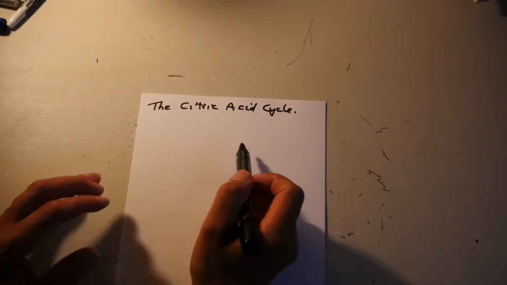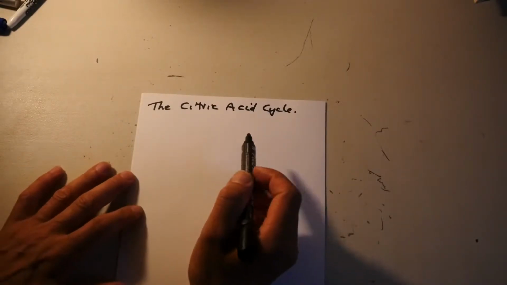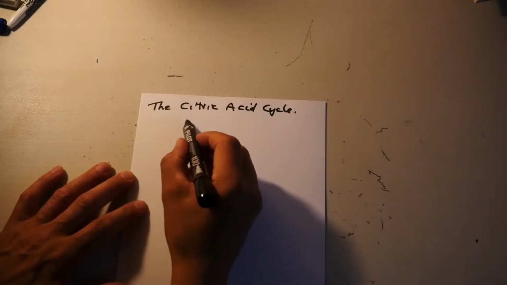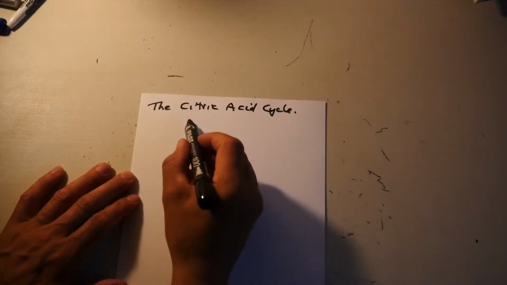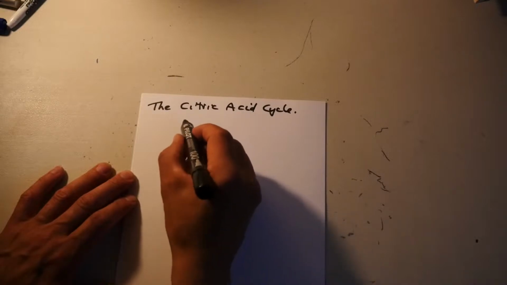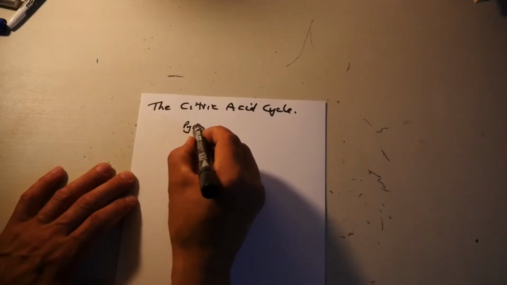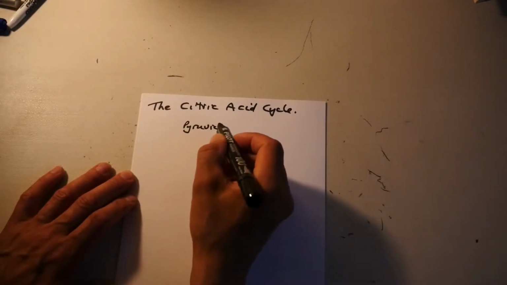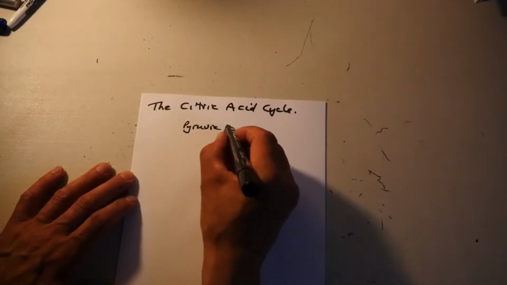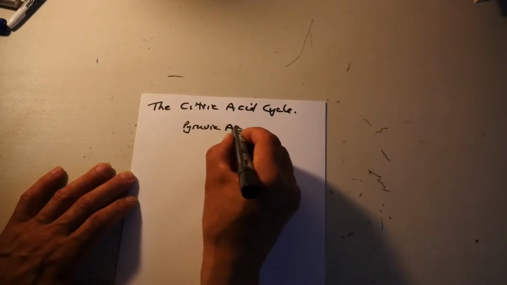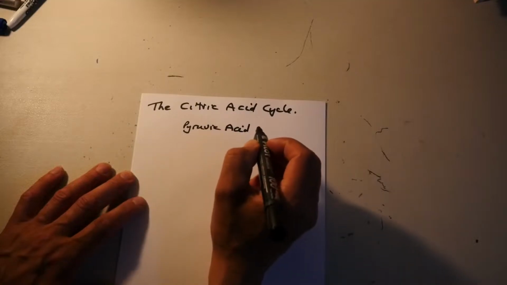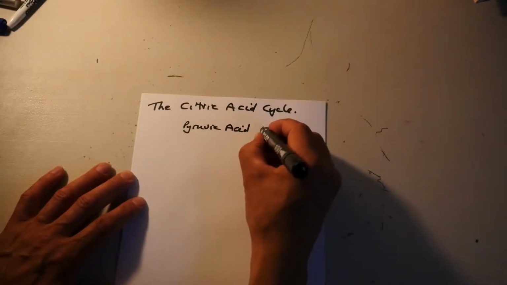Okay, so in the citric acid cycle, the pyruvic acid formed at the end of glycolysis, also called pyruvate, enters the mitochondria.